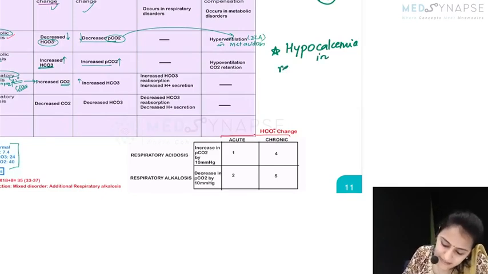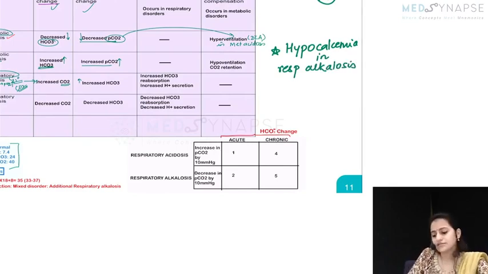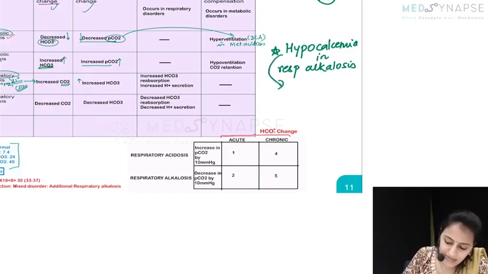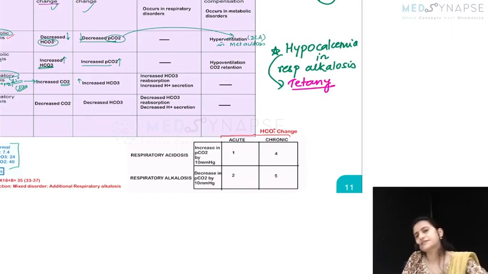Hypocalcemia is seen in respiratory alkalosis, and because there's hypocalcemia, there'll be features like tetany, right? The question generally mentions like tingling, numbness, perioral. These are features of hypocalcemia, common in respiratory alkalosis.